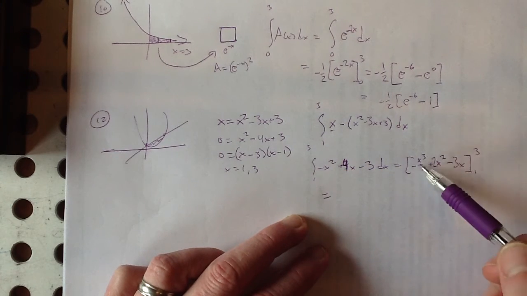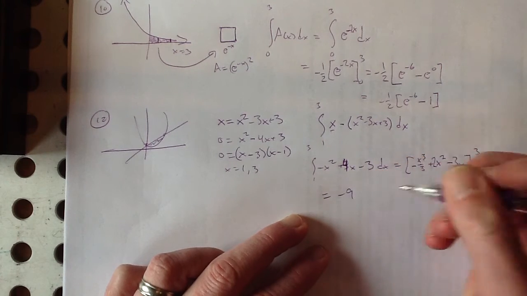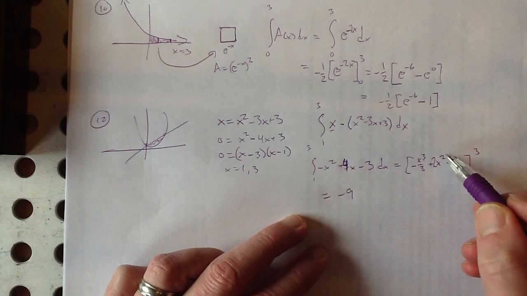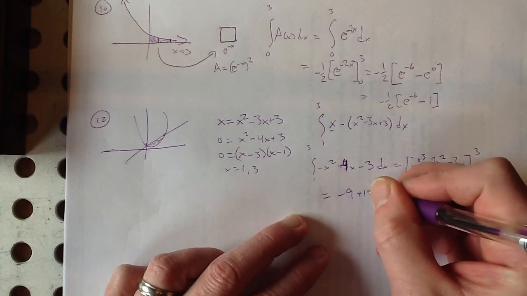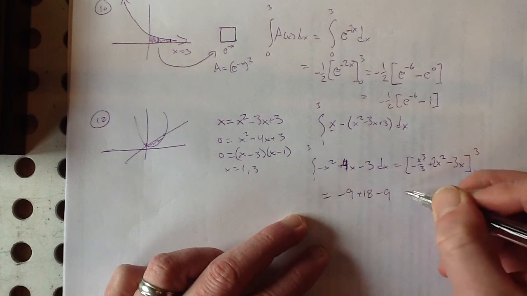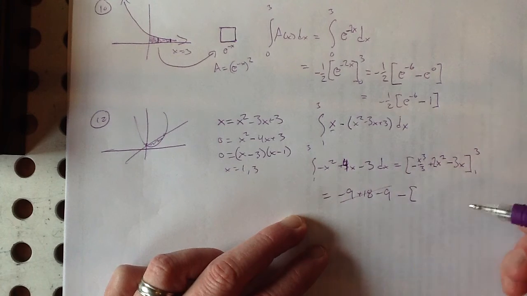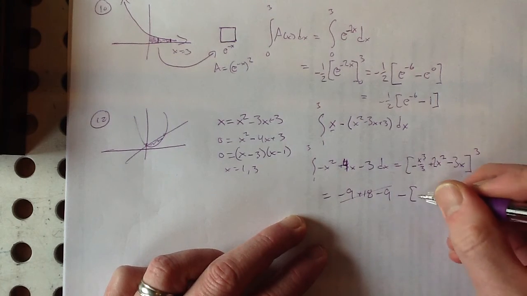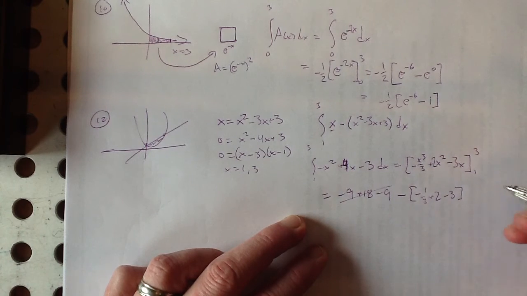Plugging the 3 in, 3 cubed is 27 divided by 3 is 9. 3 squared is 9 times 2 is 18, minus 9. Well, that's nice. That all just comes out to be 0, right? And then plugging the 1 in here, I get minus 1/3 plus 2 minus 3.